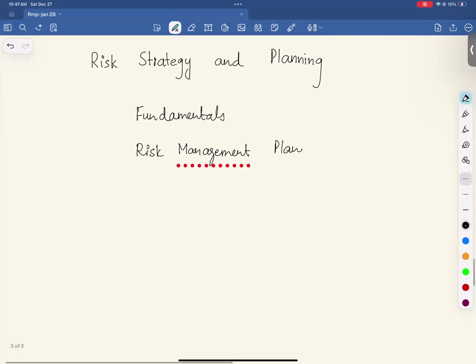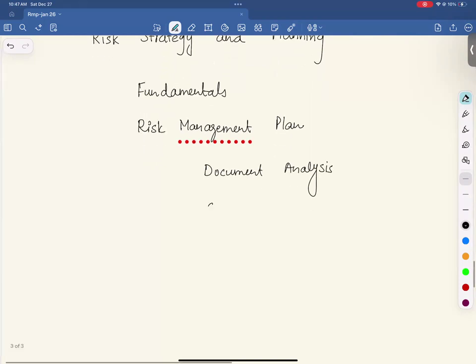In the risk management plan, we will be talking about document analysis, like how we kickstart our work. We will be talking about stakeholder analysis.